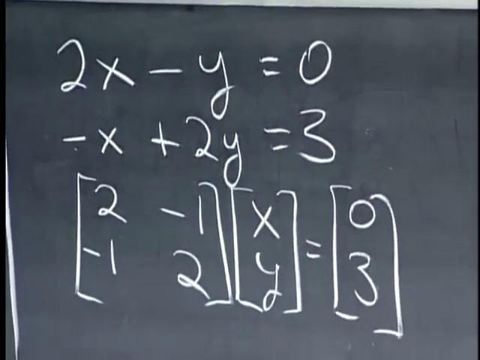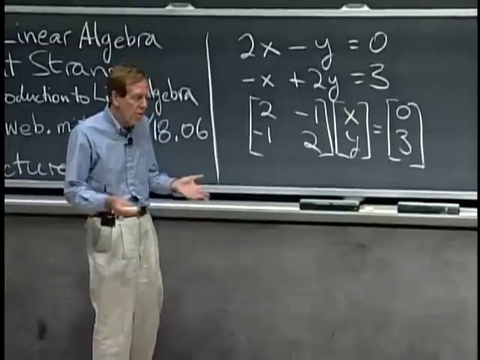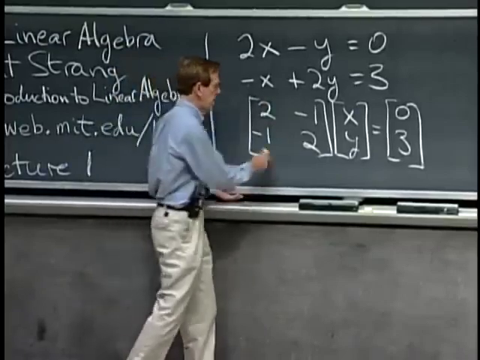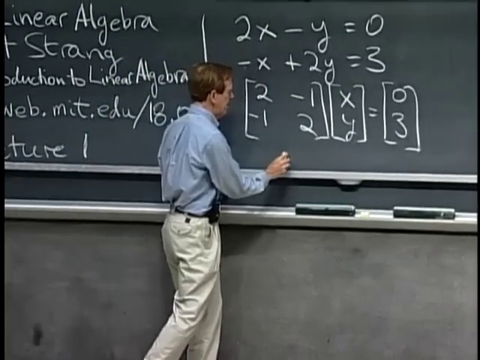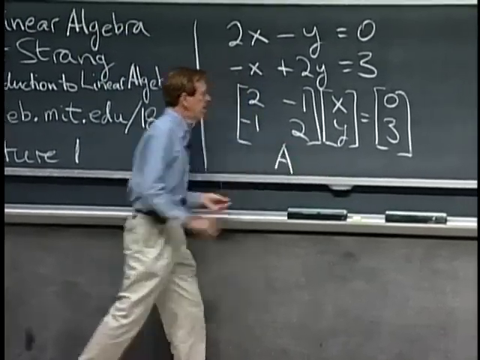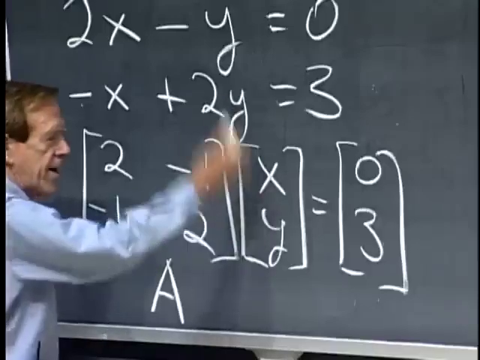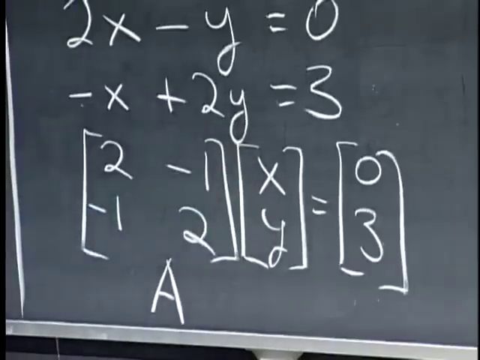I couldn't resist writing the matrix form even before the pictures. So I always will think of this as the matrix A, the matrix of coefficients. Then there's a vector of unknowns. Here we've only got 2 unknowns. Later we'll have any number of unknowns.